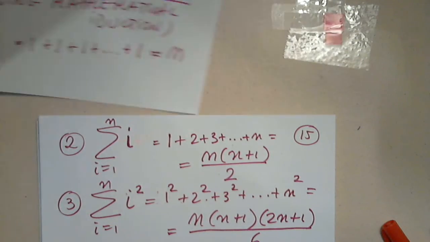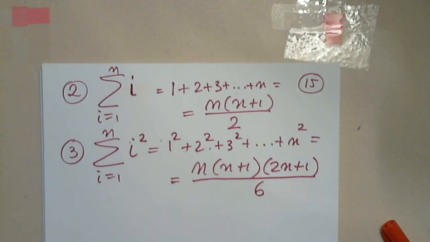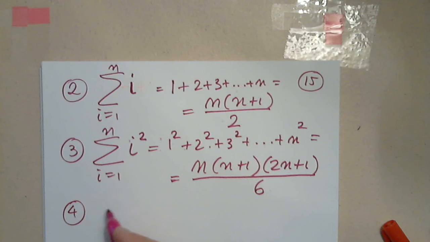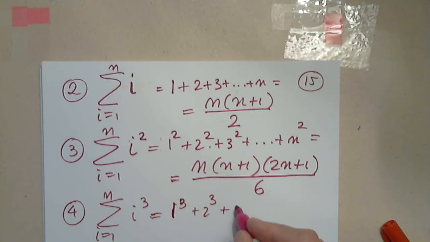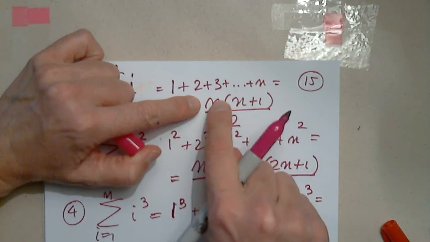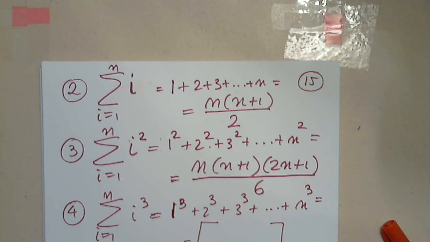The last one is not difficult. It's the sum of i cubed, which is 1 cubed plus 2 cubed plus 3 cubed plus dot, dot, dot plus n cubed, which is identical with the second one, but everything squared.